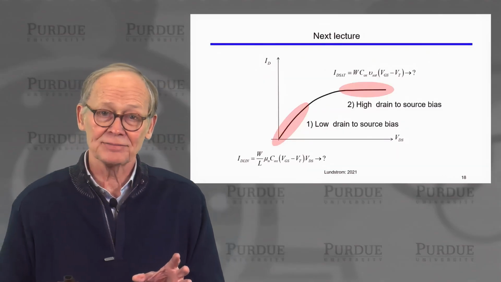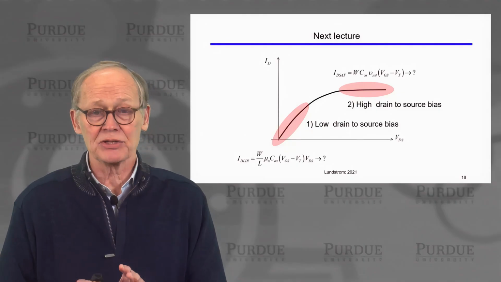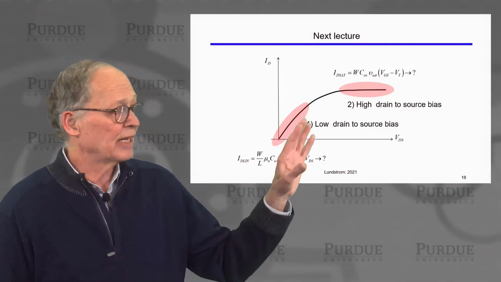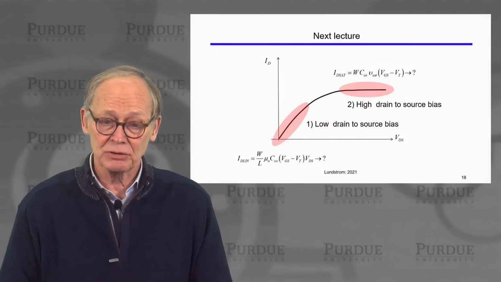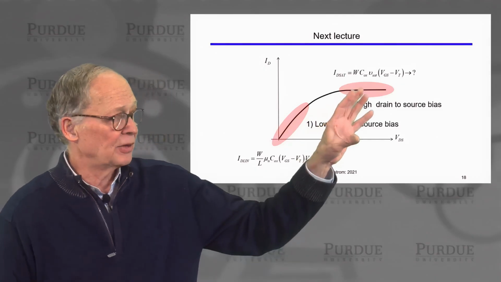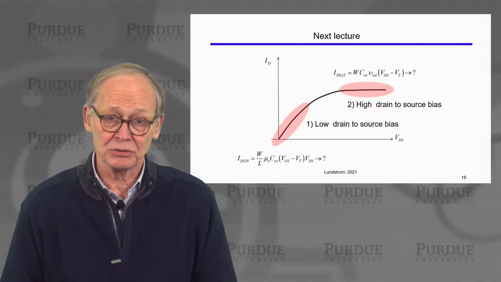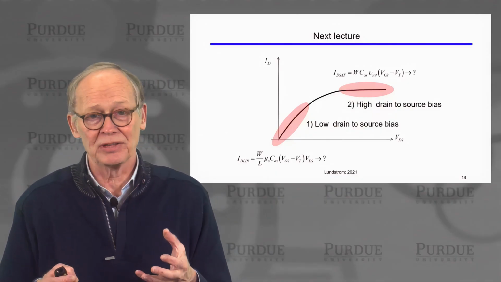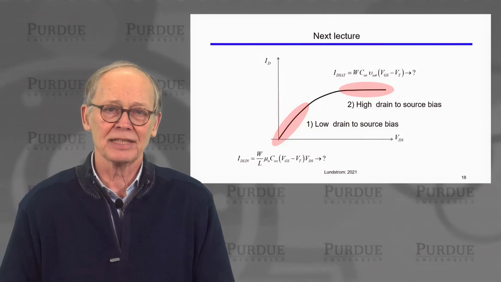In the next lecture, we will take the first step towards applying this current equation to MOSFETs. So we'll see how this current equation simplifies for low voltage between the two contacts, and we'll see how this current equation simplifies when we have a high voltage between these two contacts, which are going to represent the source and drain of our MOSFETs. So we'll continue the discussion in the next lecture.